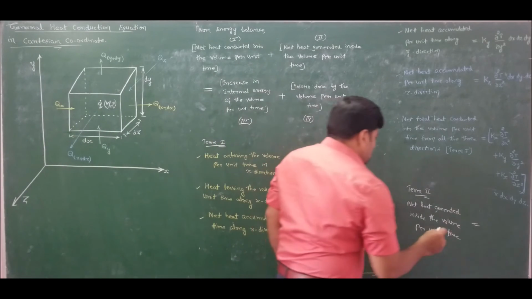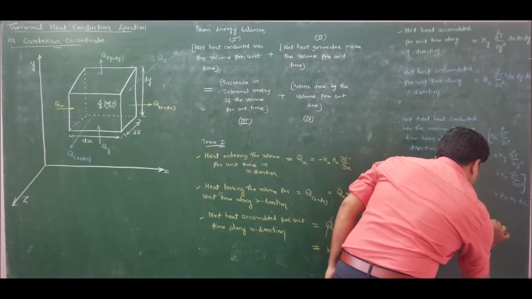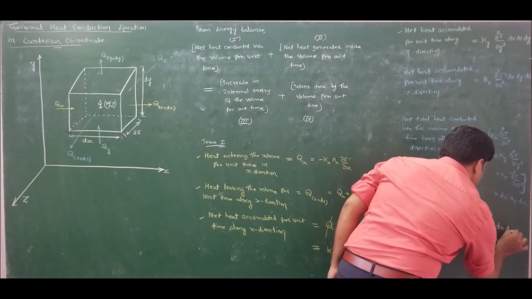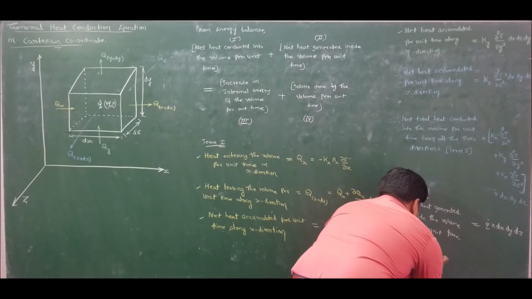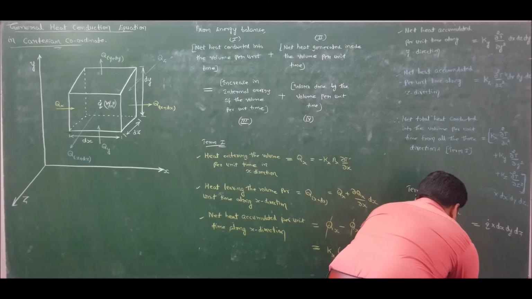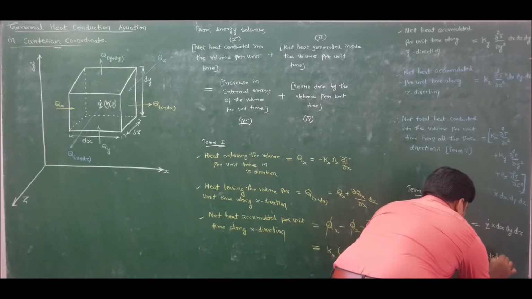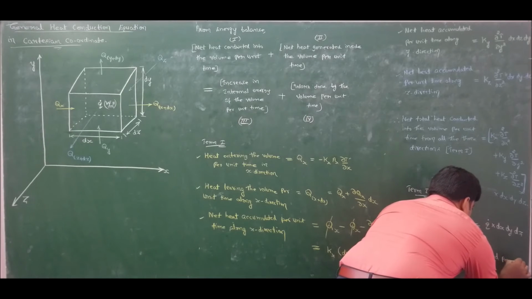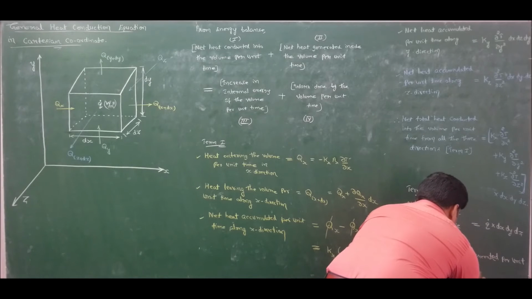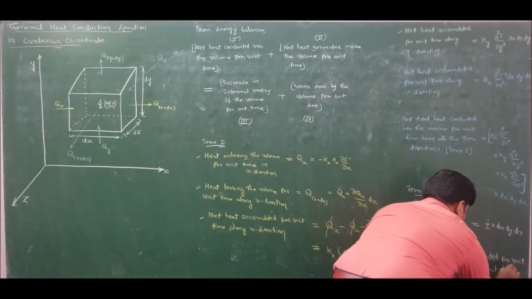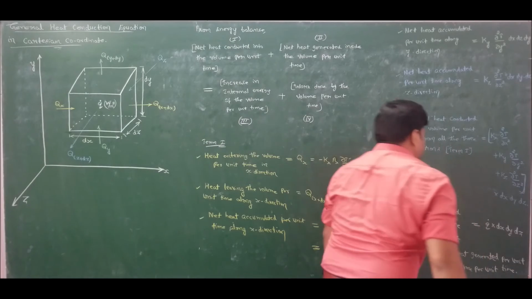So q dot into volume dx dy dz, where q dot is heat generated per unit volume per unit time, which is in watt per meter cube.